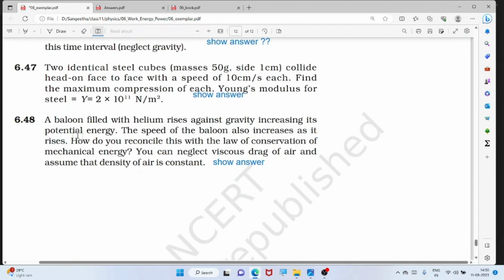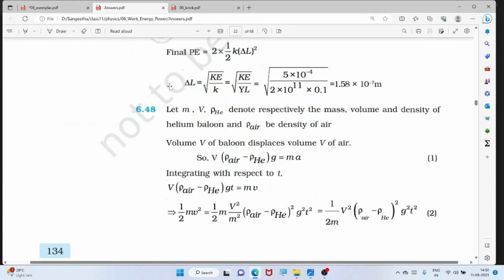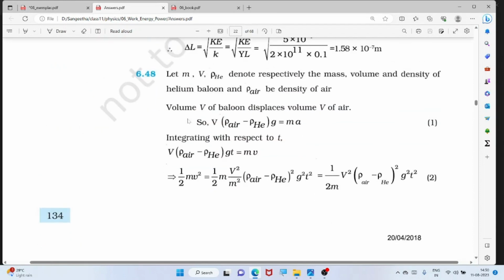A balloon filled with helium rises against the gravity, increasing potential energy. The speed of the balloon also increases. How do you reconcile this with the law of conservation of mechanical energy? You can neglect the viscosity here. The density of helium is less than the density of the air. Question 48.